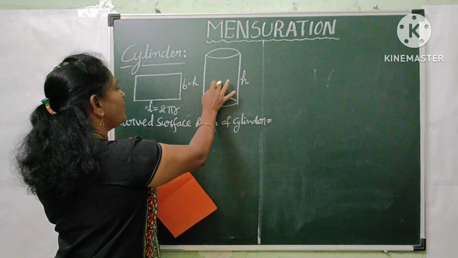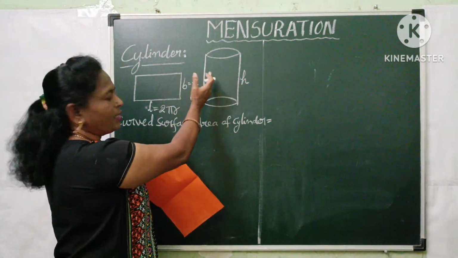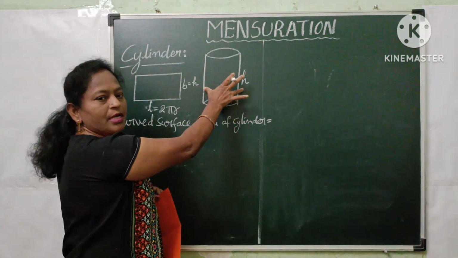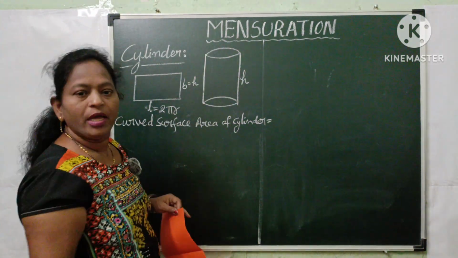Why? Because when you cut and open the cylinder, it becomes a rectangle. So the curved surface area of the cylinder is equal to the area of the rectangle.